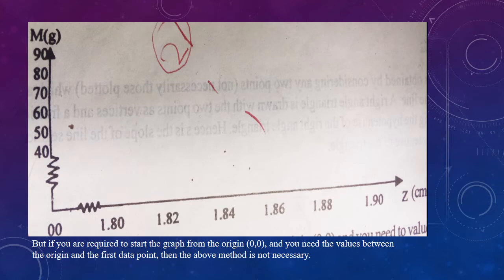Students are expected to use zigzags to indicate that the values from 0 to the point 40 are not required, so that the highest value can be plotted on the graph.